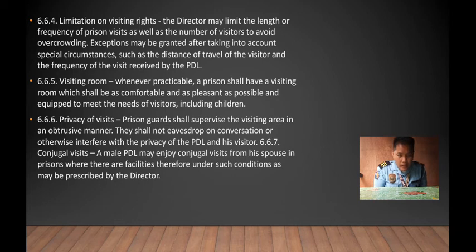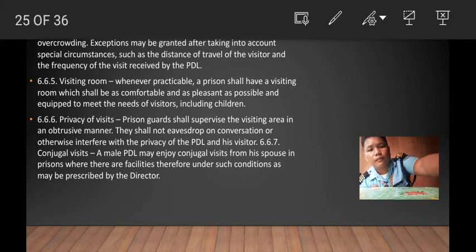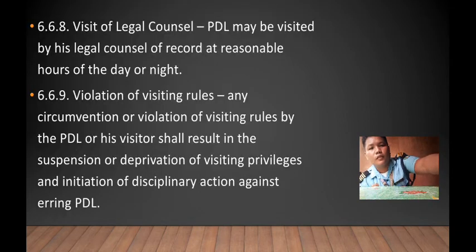Next, we have conjugal visits. What does that mean? That means a male PDL may enjoy conjugal visits from his spouse in prisons where there are facilities, under such conditions as may be prescribed by the director. We have also the visit of legal counsel.